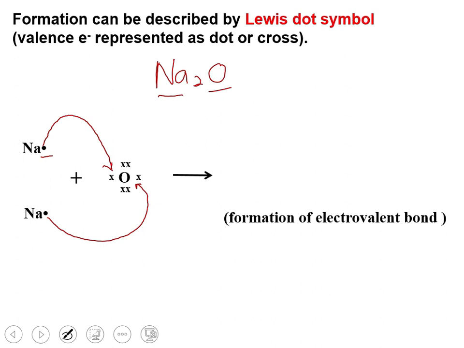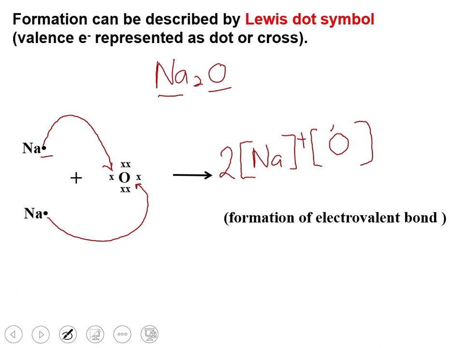And the product would be Na plus ion, since it loses 1 electron. But we have 2 atoms of Na, so we will get 2 ions of Na plus. Inside the bracket is empty. Oxygen: put the bracket near the Na bracket and draw the oxygen inside the bracket.